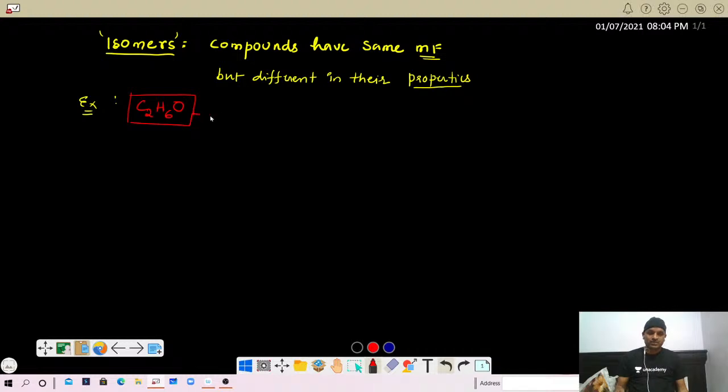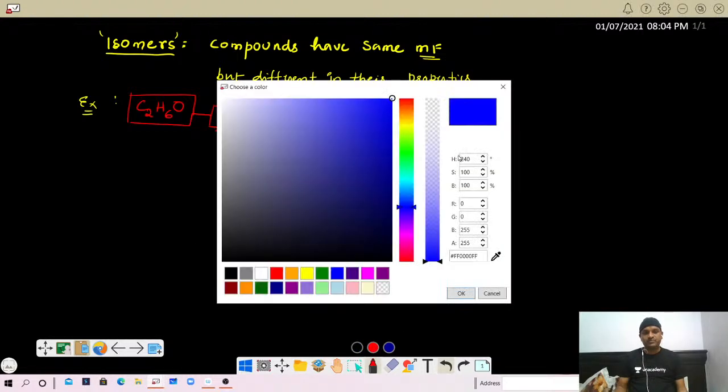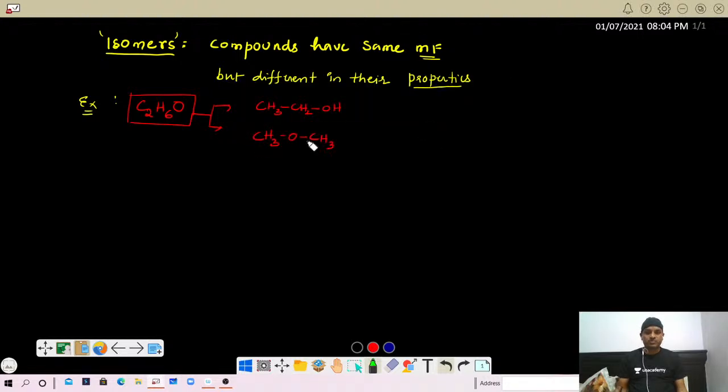Let us take two isomers with this molecular formula. One is CH3CH2OH, and the other compound is CH3OCH3. So two different compounds are possible.